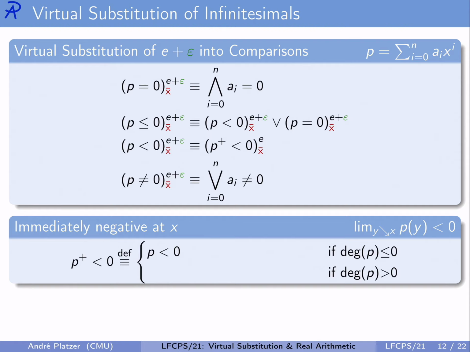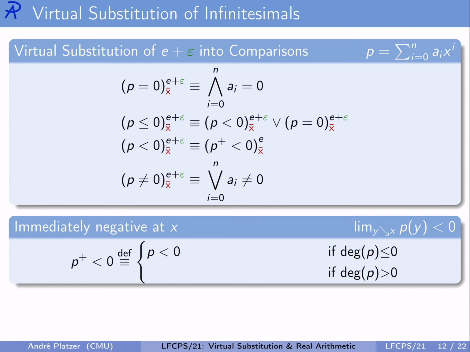Now, in the other case, if variable x actually occurs, well, then we have to be a bit more clever. Then what is determining the behavior right next to x? Well, let's see. If p is presently negative at x, then of course it also will still be negative just immediately after x, because x doesn't change that quickly, right?